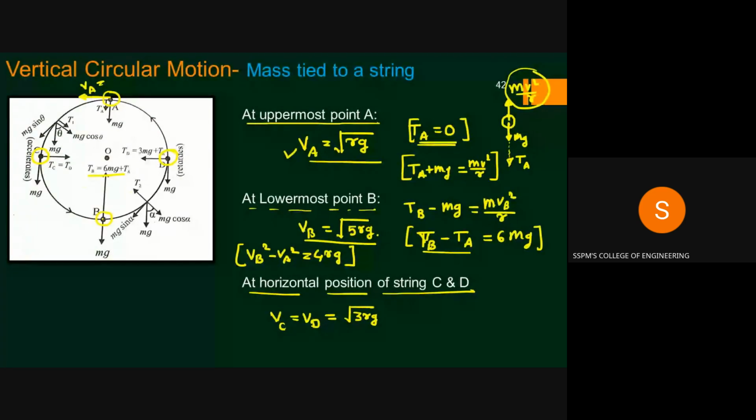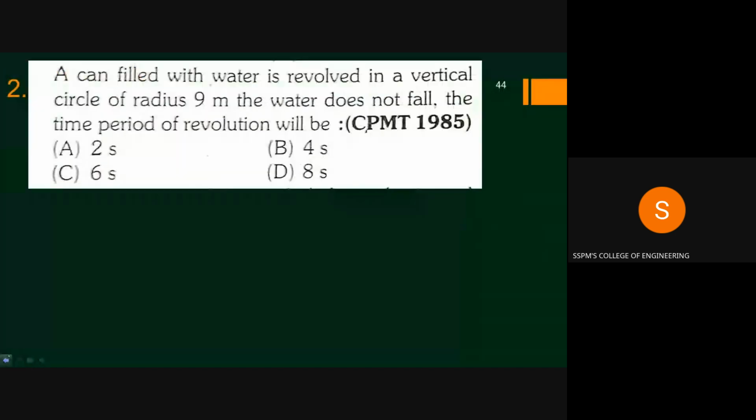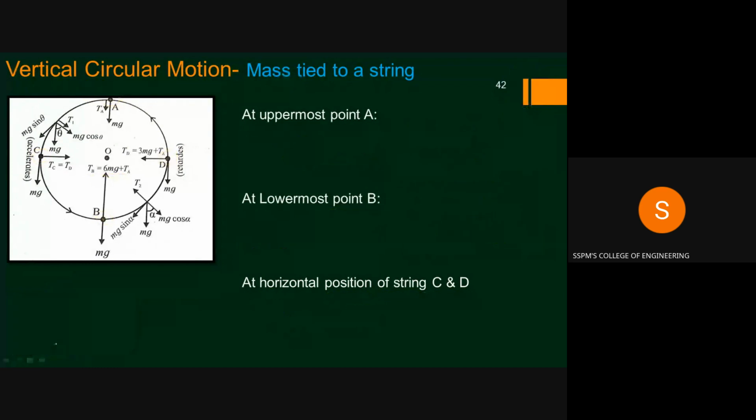Now this circular motion is for the string and the bob. If the bob is attached to a rigid rod like this, then the minimum velocity at the uppermost point is equal to square root 2 rg.